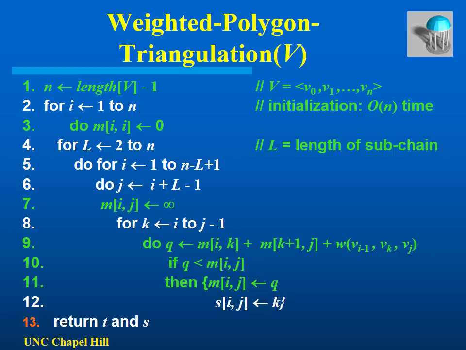The only difference in this algorithm is the term that's added in the innermost do loop to the sum of the two component m values. Here it's the perimeter of that particular triangle that was produced by the subdivision.